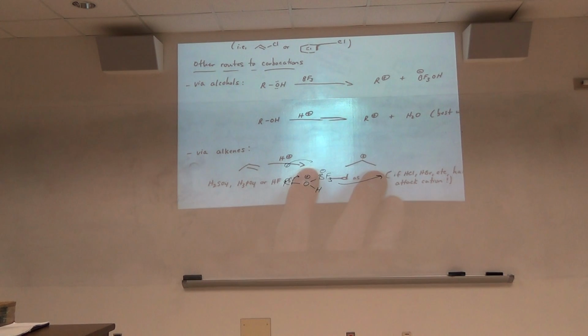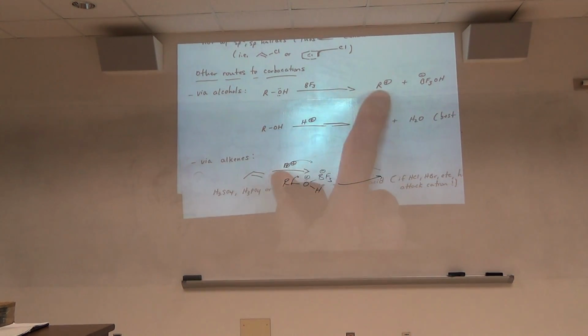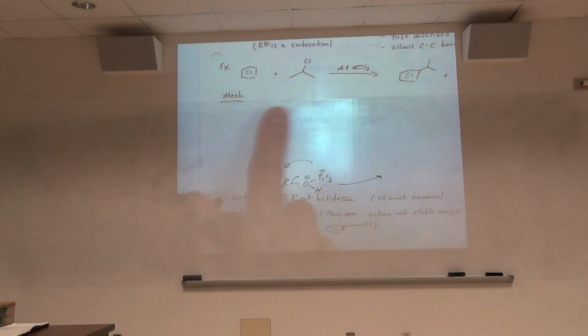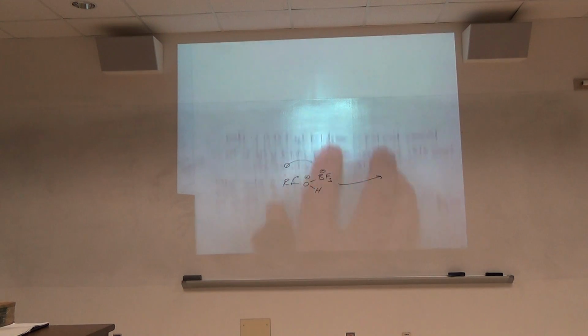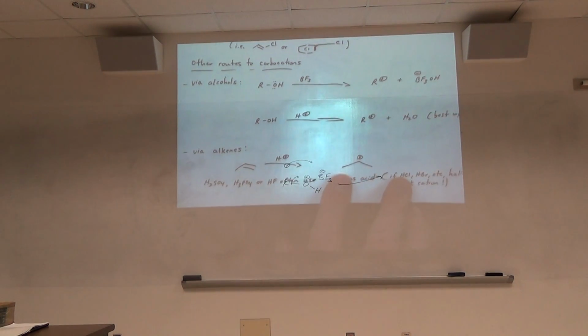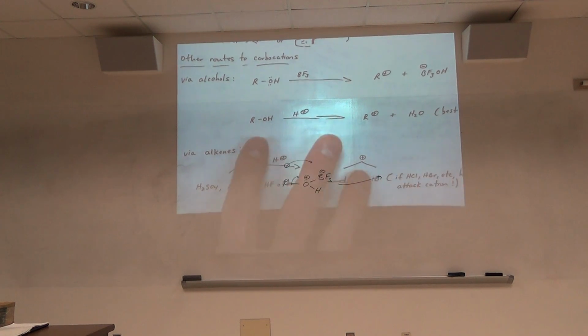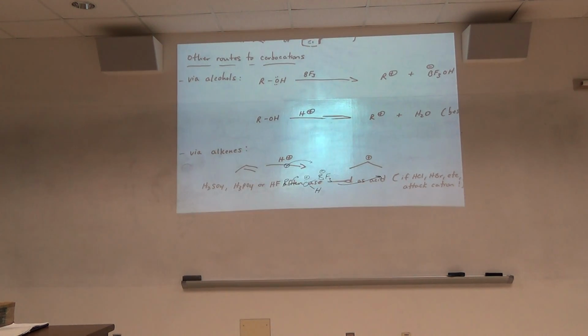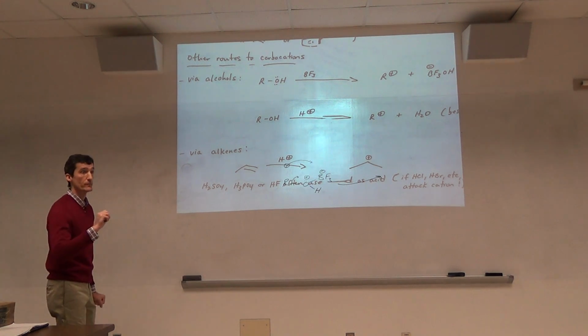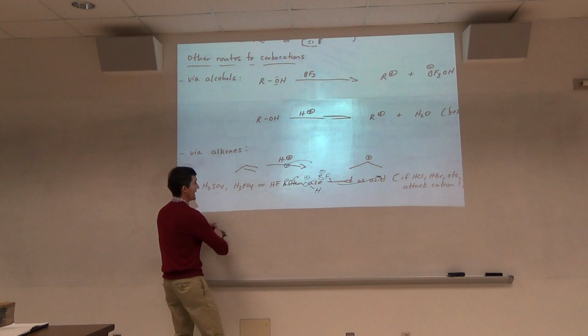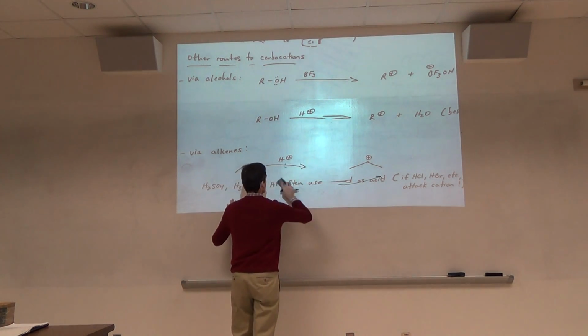What other ways have we seen to make carbocations? As soon as you make your carbocation, well, then the ring can attack just like it did up there. We also make carbocations from alkenes. In Organic 1, that's the first way we made carbocations. So an alkene can attack an H+.